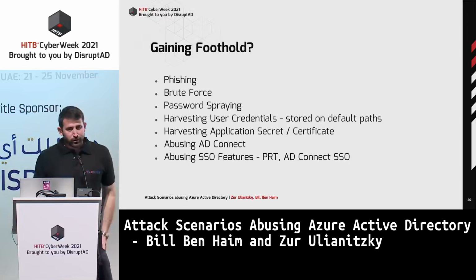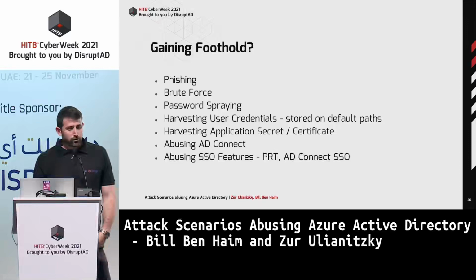Perfect. So we talked a lot about different fundamentals, both the Azure Active Directory and the Resource Manager. But one of the interesting questions is how we can gain the initial foothold. And actually, there are multiple ways to achieve it. We can use phishing, brute force, or even password spraying attacks in order to compromise a specific user.